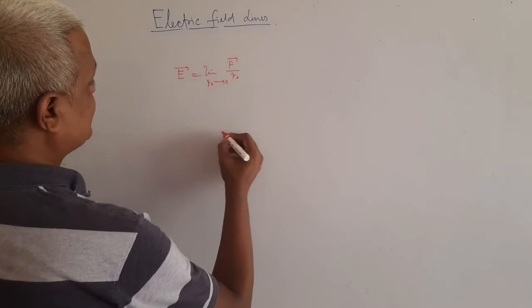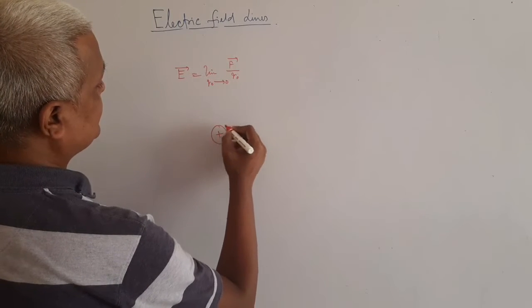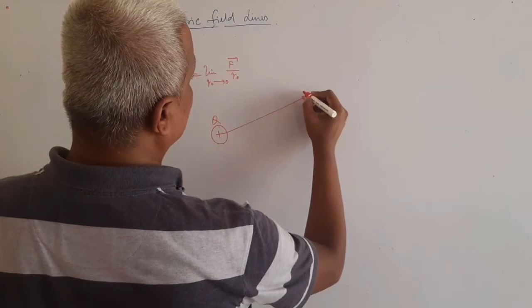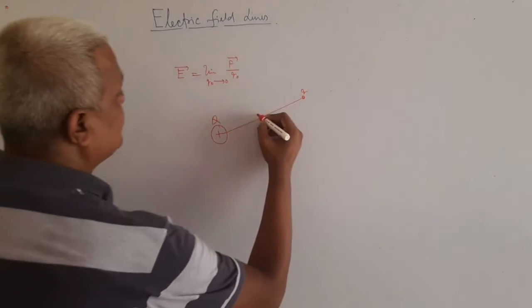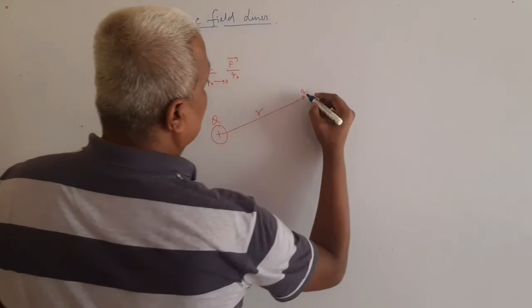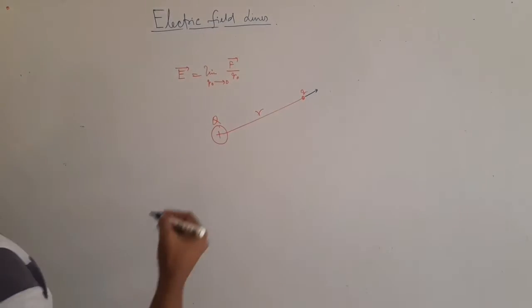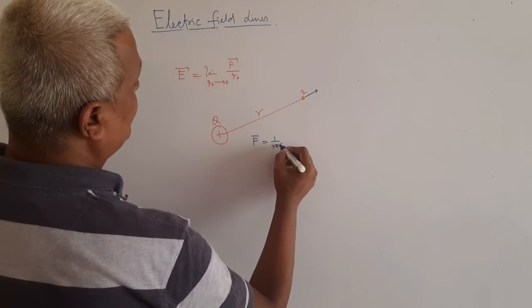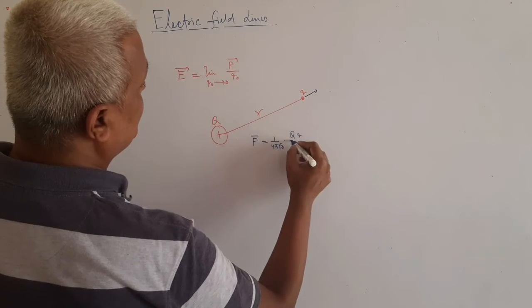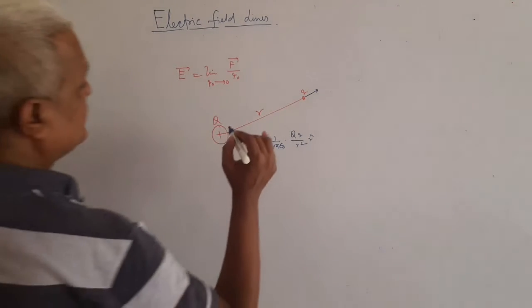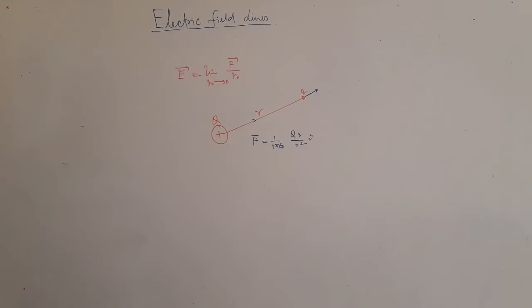To understand what it means, suppose you have a positive charge P of magnitude Q, and away from it you have a tiny charge Q naught separated by a distance R. Since both charges are positive, the electrostatic force acting on this charge will be repulsive in nature, and its magnitude can be given as F bar is 1 over 4 pi epsilon naught Q over R square R cap, where R cap gives the direction.